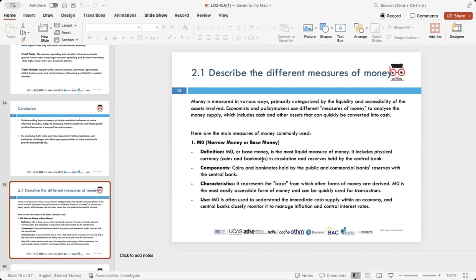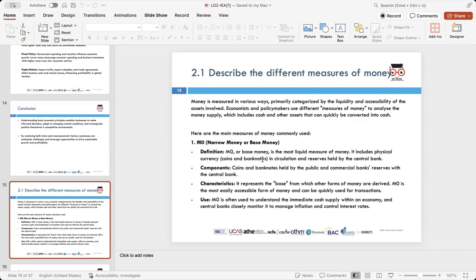Here are the main measures of money commonly used. M0, narrow money or base money. Definition: M0, or base money, is the most liquid measure of money. It includes physical currency like notes and coins in circulation and reserves held by the central bank.